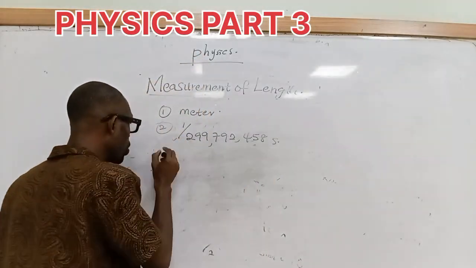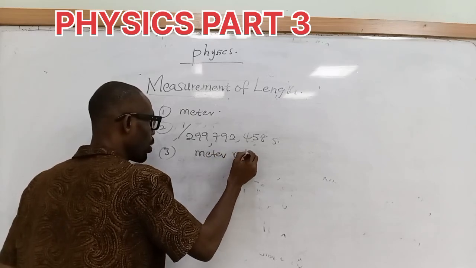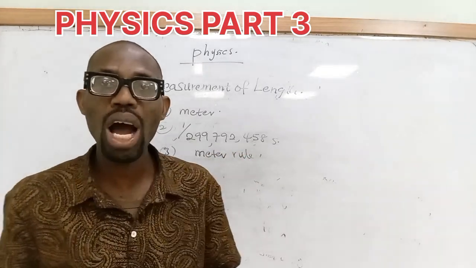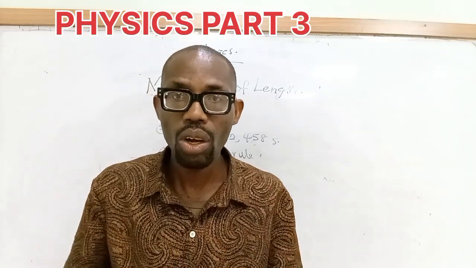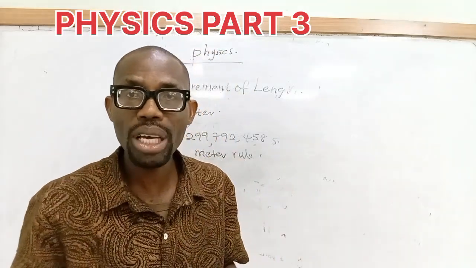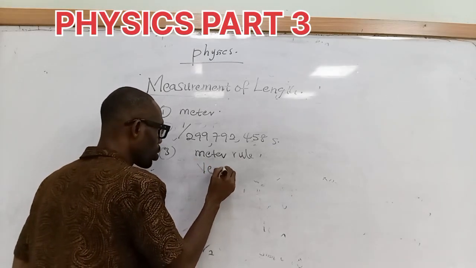I'd like you to know that the standard instrument used for measuring length is the meter rule. The standard instrument used for measuring length is the what? The meter rule. But for higher precision, for accuracy, other instruments can be used. These include the vernier caliper.